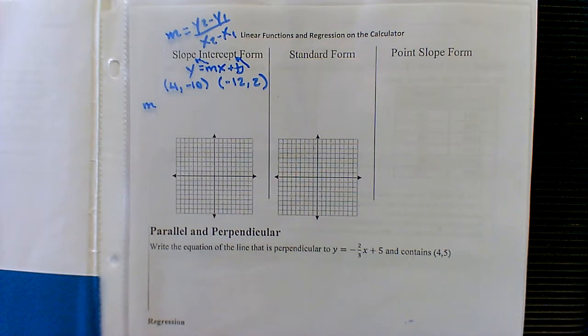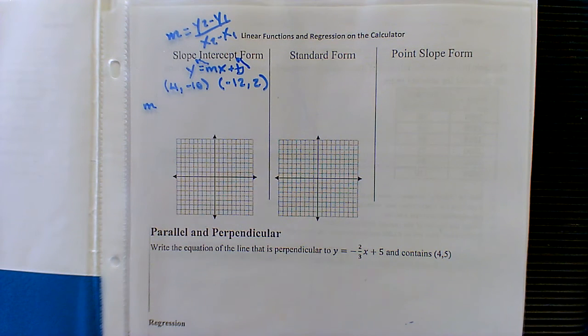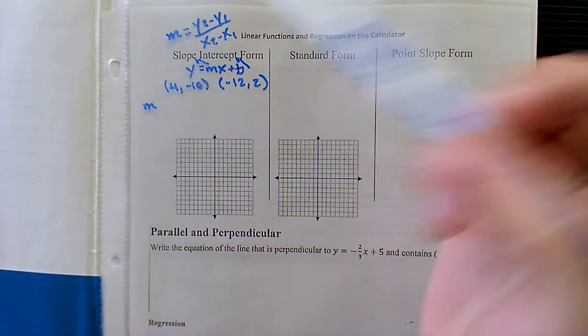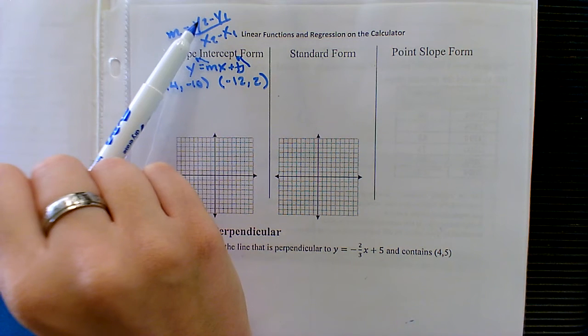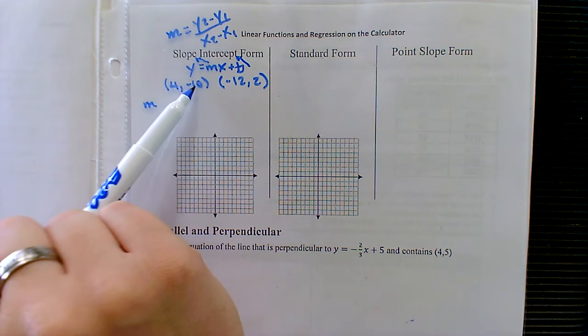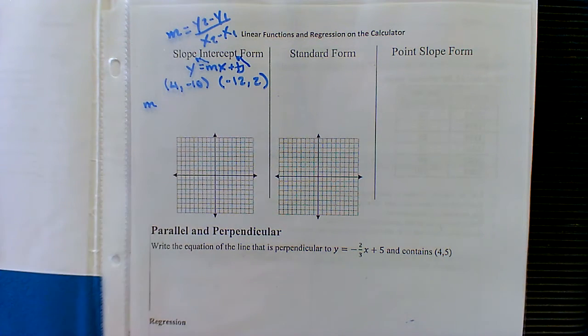So that little slope formula is a way for you to take any 2 points and figure out the rise over run between those. Now the little subscripts, like the 2 and the 1, just represent your first point or your second point. You just have to make sure that you're organized in the way that you plug in these numbers. So what do you want to let y2 represent? You could either choose negative 10 or 2. Does it matter?